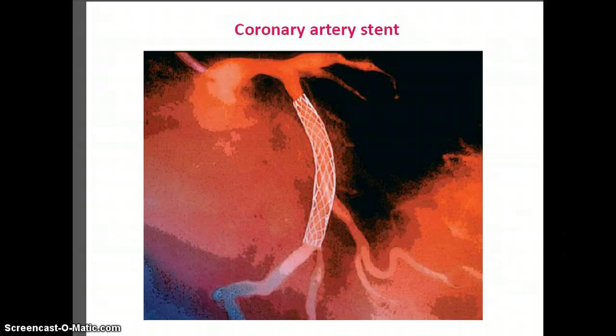Coronary artery stents can be put in to help an occluded vessel. They look kind of like little mesh screens, almost mesh tubes inserted into the coronary artery. Sometimes this works, sometimes not, depending upon the level of damage to the heart and to the vessels.